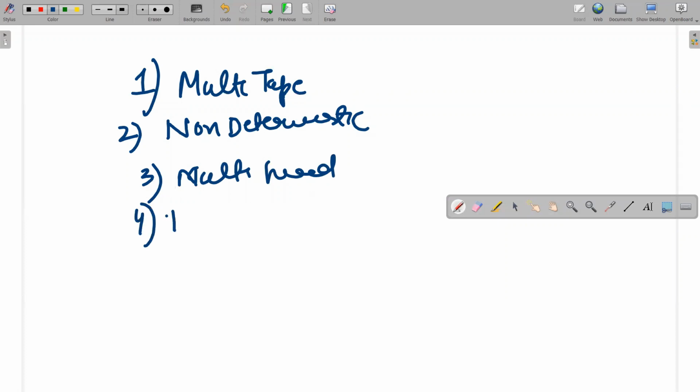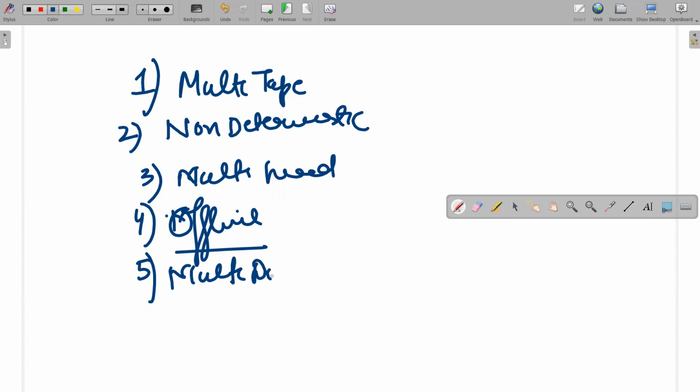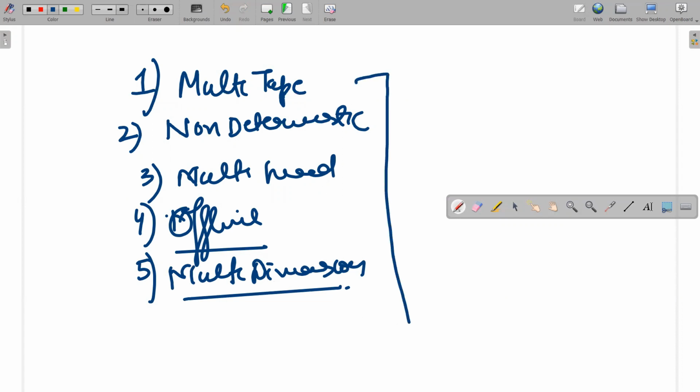Then we did the offline Turing machine, one for read and the second for read and write both. It is also a multi-tape Turing machine, by the way. And last but not least, multi-dimension, where we have to give the answer for row as well as column where the output is going to be stored. So these are all the Turing machines.